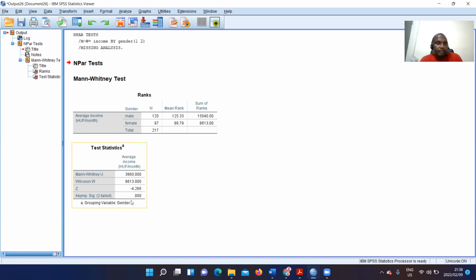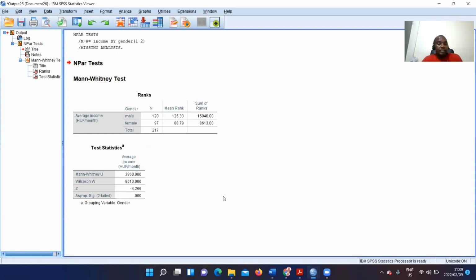So what is the null hypothesis? The null hypothesis is that average incomes are the same for men and women, because our grouping variable is gender. So average incomes are the same across sexes.